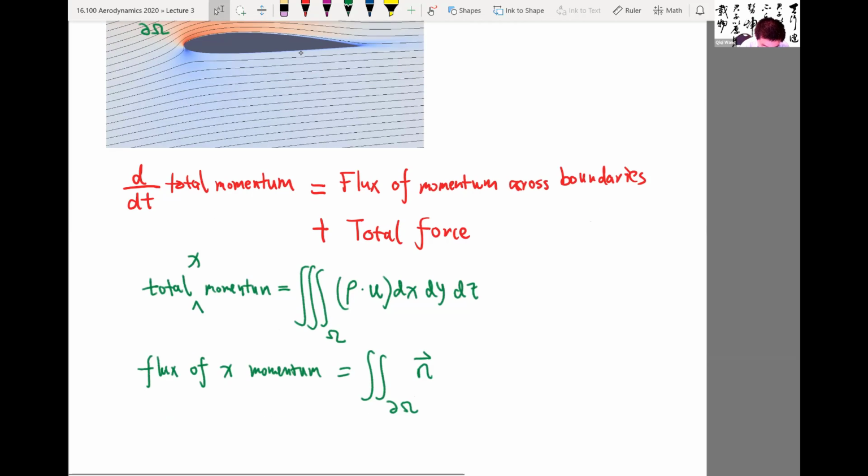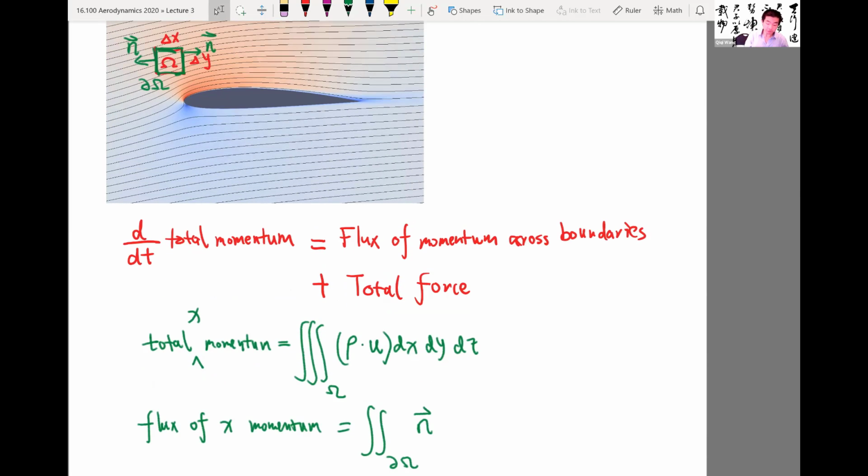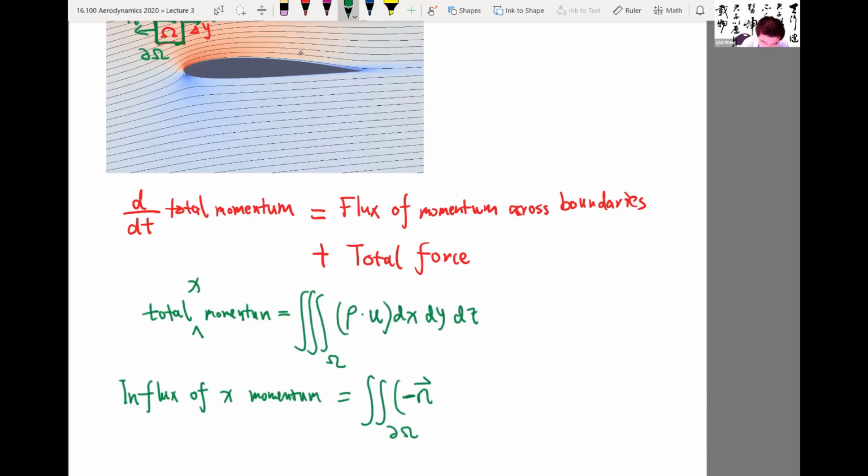So because we are talking about the influx, let's make it a little bit precise: the influx of momentum, and the normal points outward. So we are actually talking about the negative of n. So negative of n is the normal pointing inwards towards the domain. Because we're talking about influx, we should be using negative n dot with the velocity.